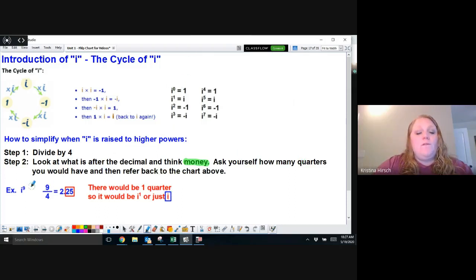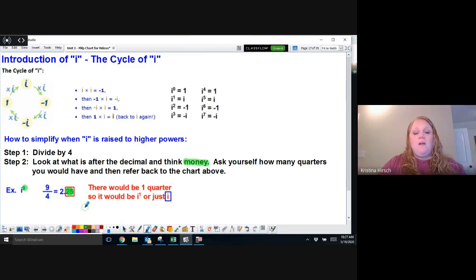For example, if I had 9 for my exponent, i to the 9th power, well, 9 divided by 4 is 2.25. We don't really care about the 2 here, because that just tells me I've made 2 complete cycles. What we care about is where I leave off, and we leave off with 1 quarter.